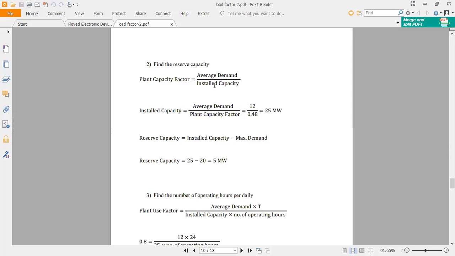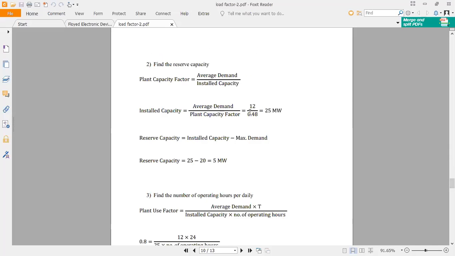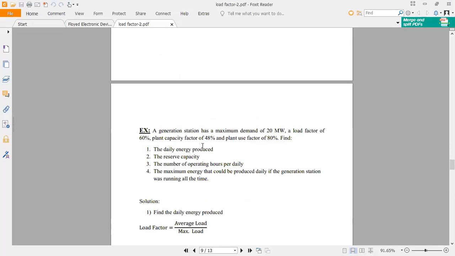For this purpose, installed capacity, that is plant capacity, equals average demand divided by plant capacity factor. The average demand we already found in part 1, that is 12 megawatt, divided by the plant capacity factor of 0.48, which is given in the question. Dividing by 100 we get 0.48.